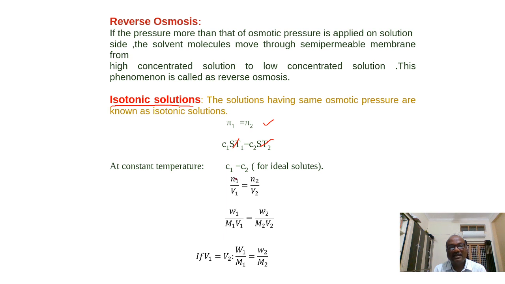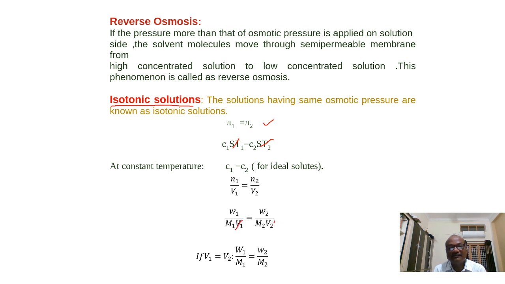Now we convert N1 and N2 in terms of weight and molecular weight. N1 is W1 by M1 and N2 is W2 by M2, so W1 by M1V1 is equal to W2 by M2V2. W1 is the weight of solute in the first solution, M1 is its molecular weight, V1 is its volume, W2 is the weight of solute in the second solution, M2 is its molecular weight, and V2 is its volume.